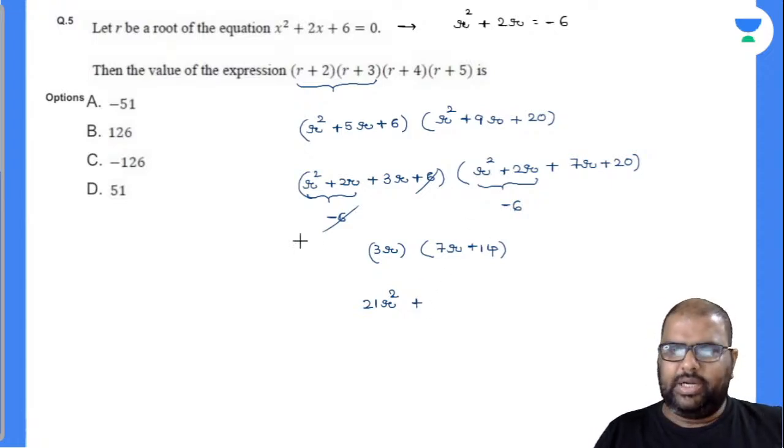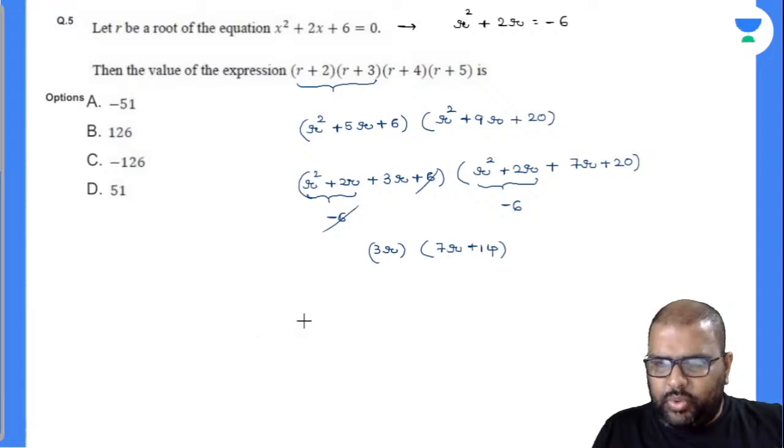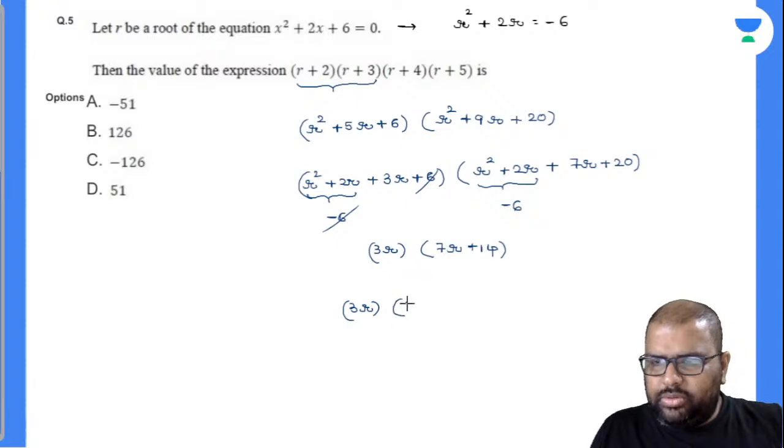Yes, I can do this easily. What I will do, I will remove 2. If I remove 2, 3r into, if I remove 7, r plus 2 will be left over. So I will remove 3 is 21. I'll make it 21 into r square plus 2r.